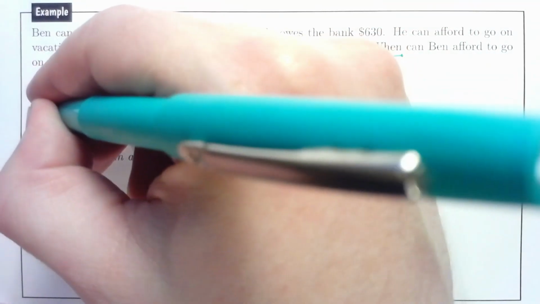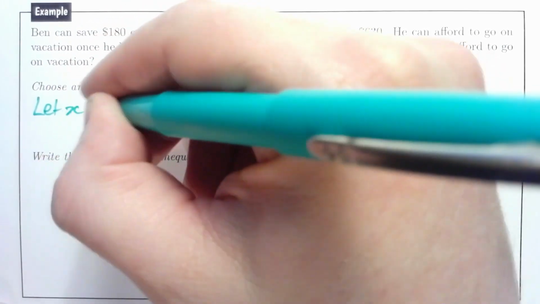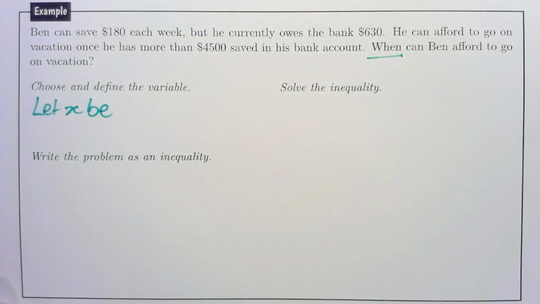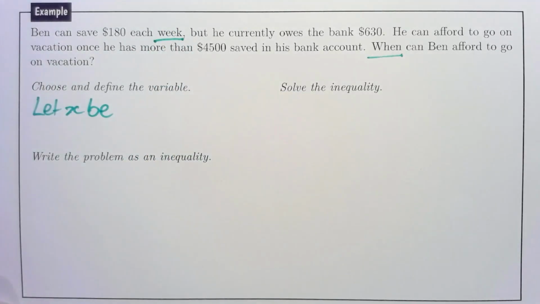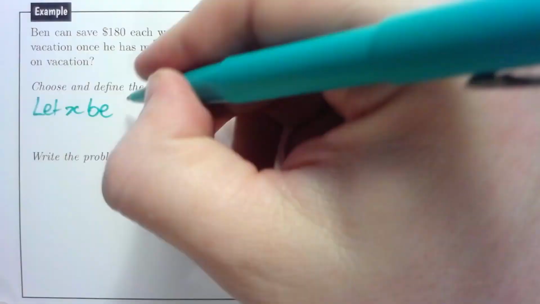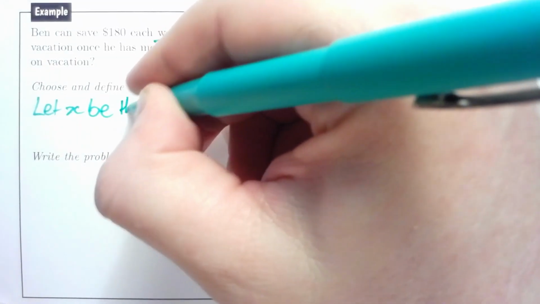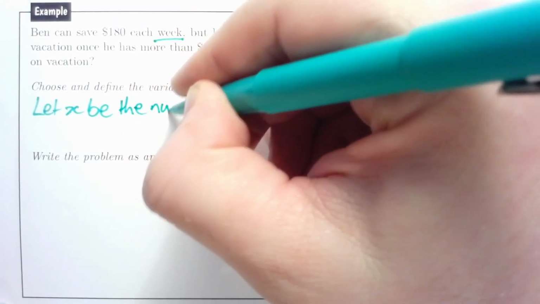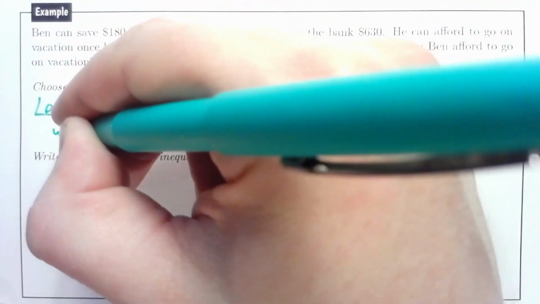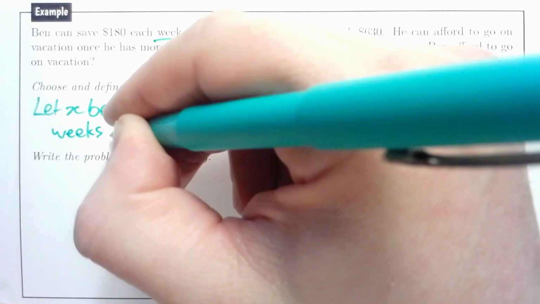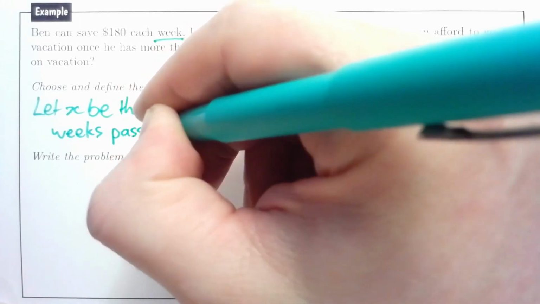So we're going to say let x be. Now, how are we going to measure the amount of time that's passed? Well, the question talks about weeks. So I think that's probably the best unit to use. So let x be the number of weeks passed.